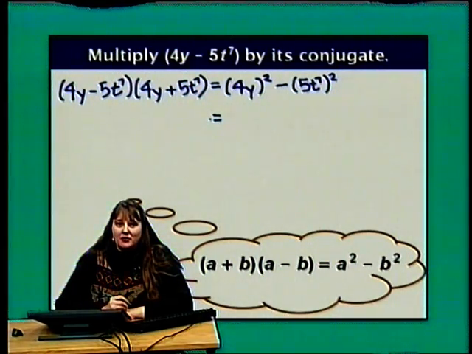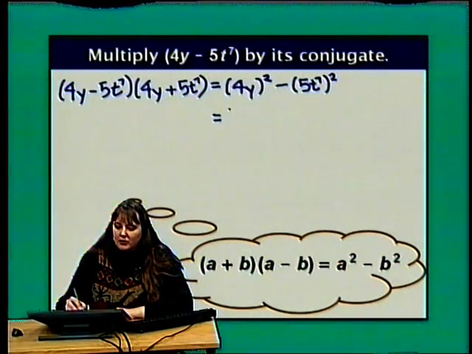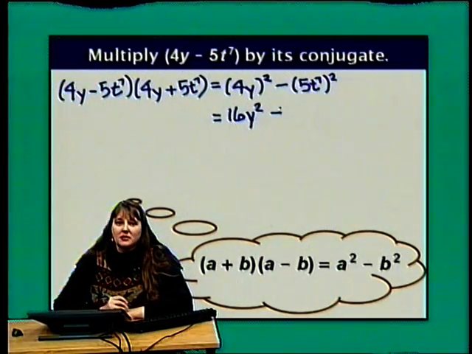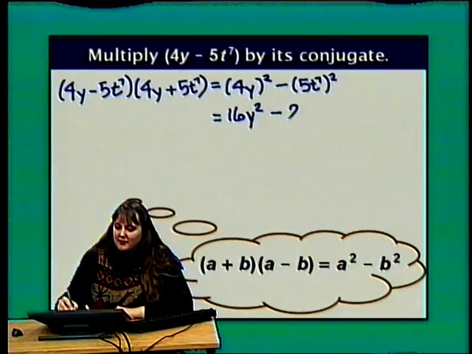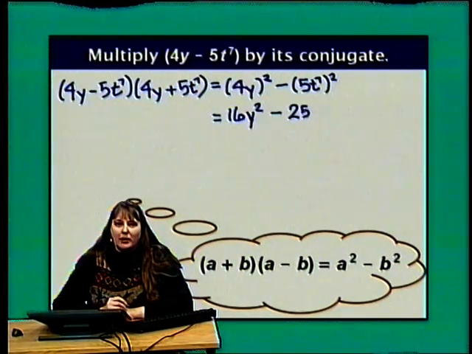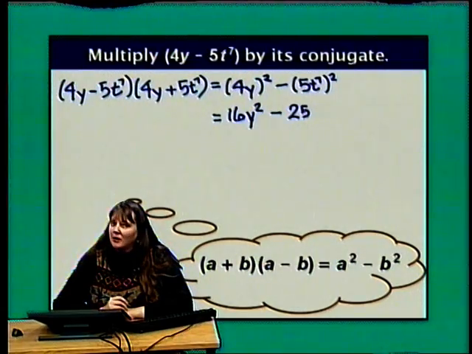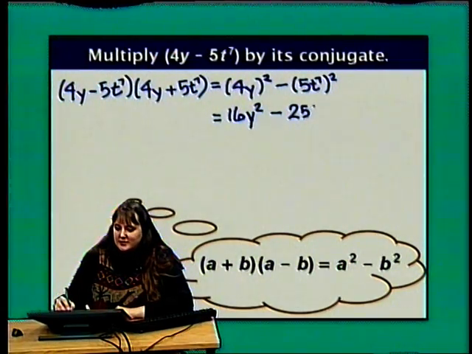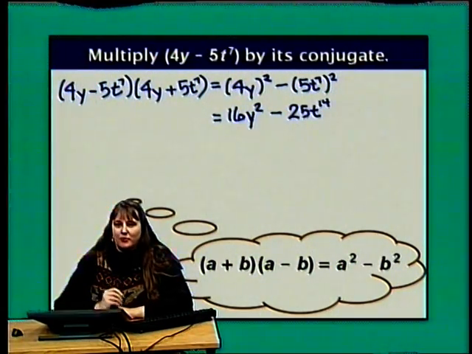When I square 4y, 4 squared is 16, and then y squared. Minus, when I square 5t to the 7th, 5 squared is 25. T to the 7th squared, that's a power to a power, we multiply exponents. So this is t to the 14th.